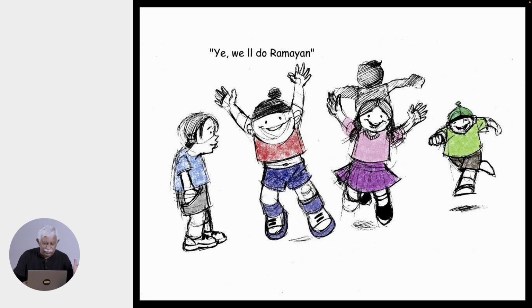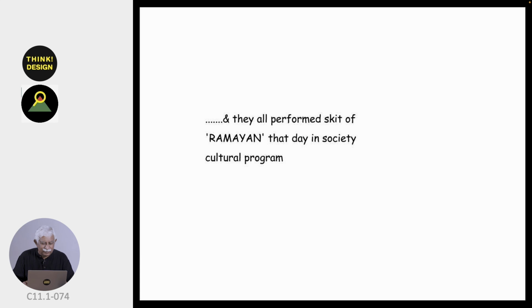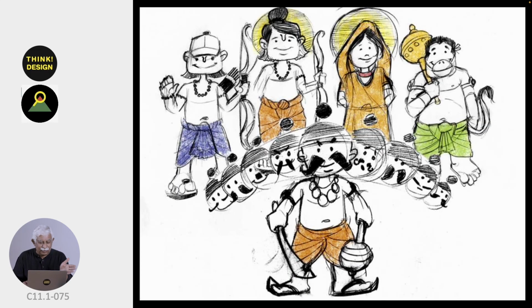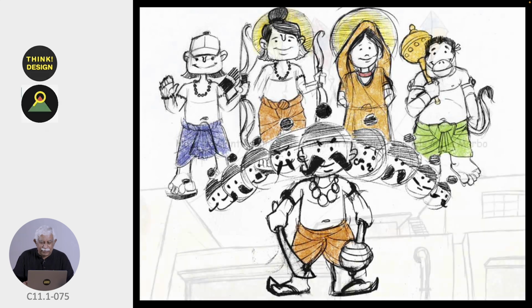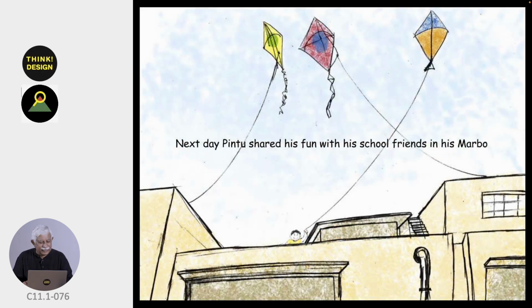All the kids were very happy. They shared the story of Ramayana, and they were very keen on doing Ramayana. They performed the skit in the society's cultural program, and you can see all of them wearing different dresses, and they played a part of the Ramayana. Next, Pintu could share all this fun with his school friends using his Marbo.